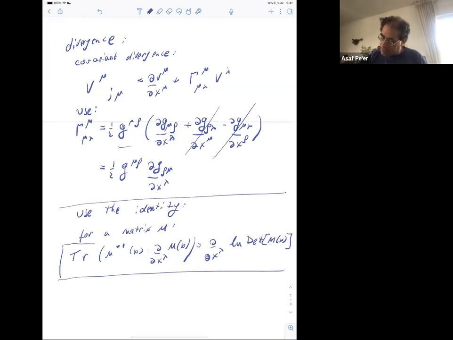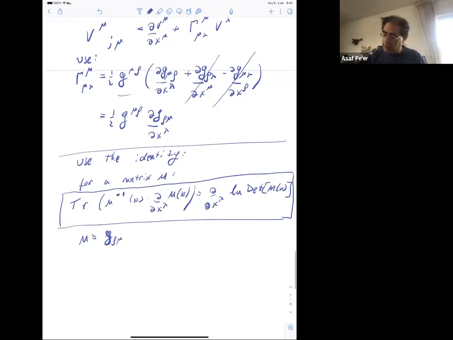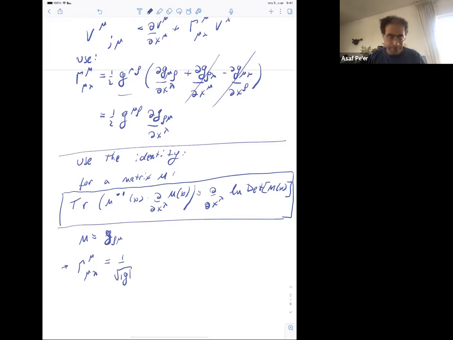And of course, for the matrix M, I'm going to choose g mu rho, and that gives me gamma mu mu lambda to be 1 over square root of G, d over dx lambda of square root of G, the determinant.